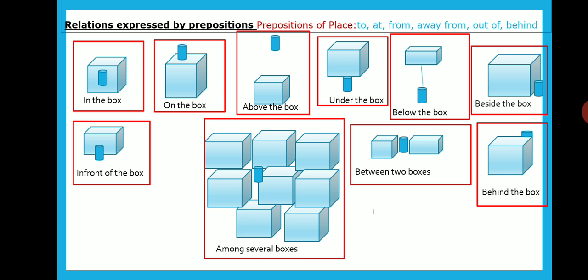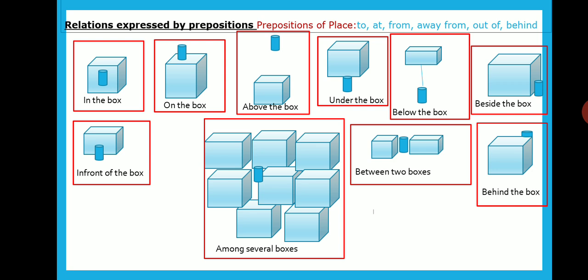Now, to show the relations between prepositions, I have drawn a few figures here so that the prepositions become clear for you. Several relations are expressed by using prepositions. Examples would be prepositions of place, time, agency, instrumentality, device, machinery, etc. Then you have prepositions of manner, cause, reason, purpose, position, standard, and motive also.